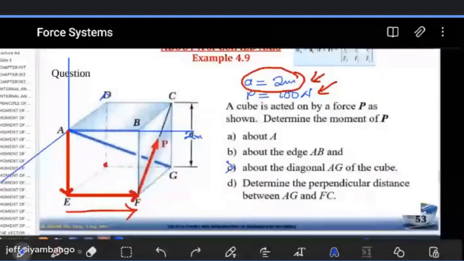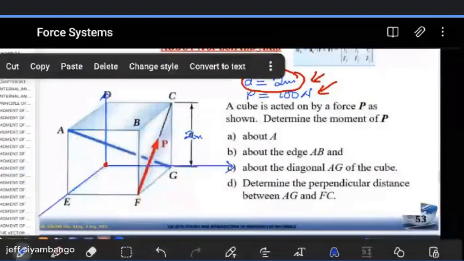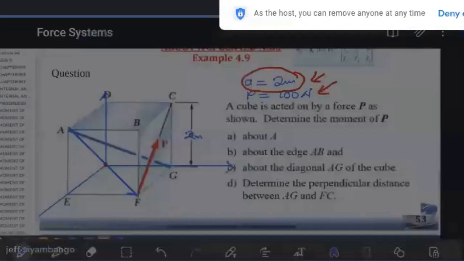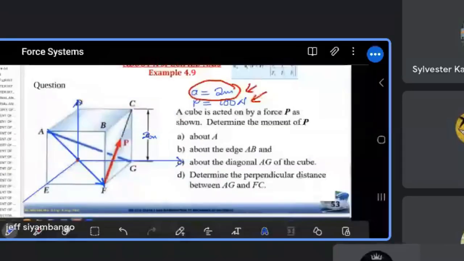If I shift this such that now it is here, moving from A to F would still mean coming from here and going up to there. It would still point in the same direction, so it would still be the same. Do you get that? Yes. Okay.